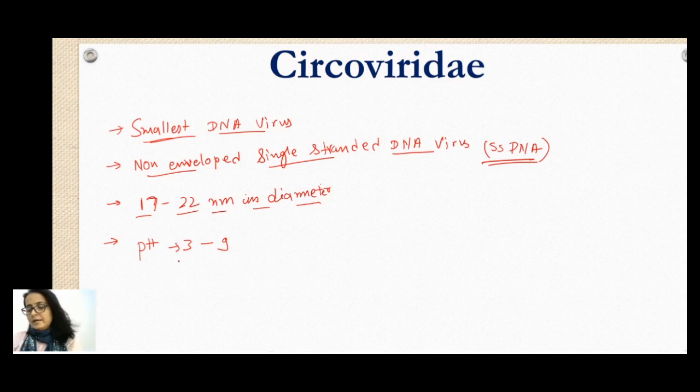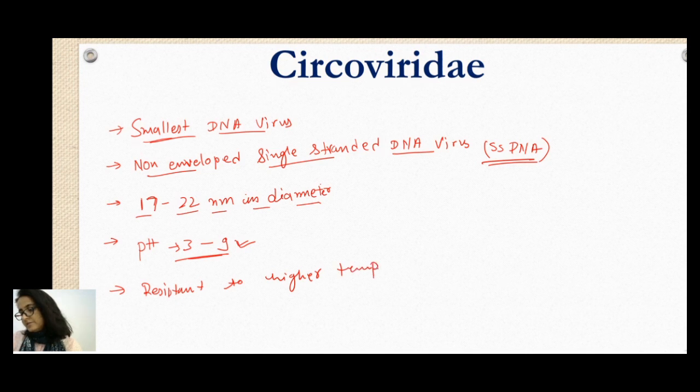The wide pH range is for establishing in the environment, and they are resistant to higher temperature, that is 60 degrees centigrade for 30 minutes.